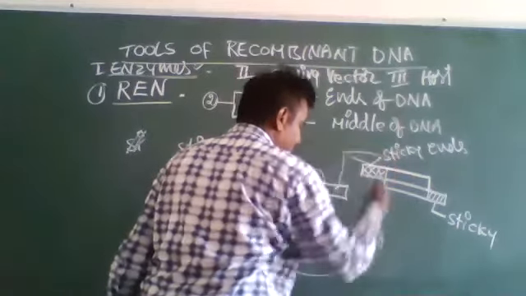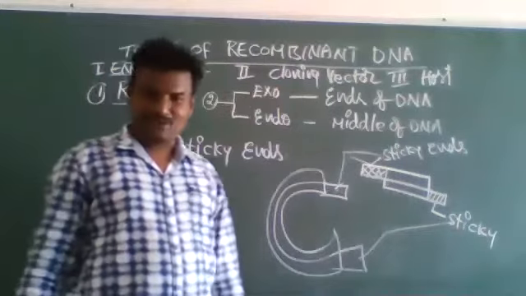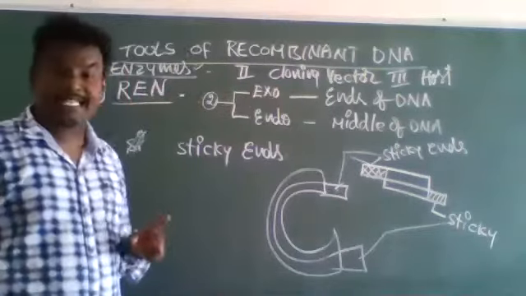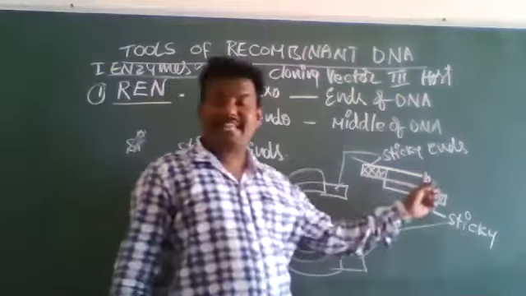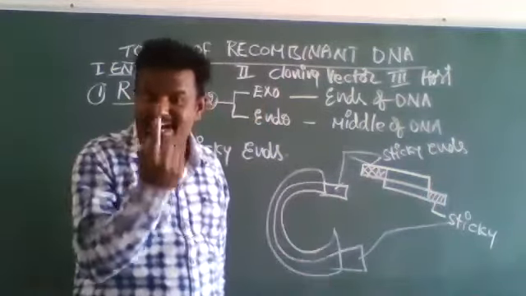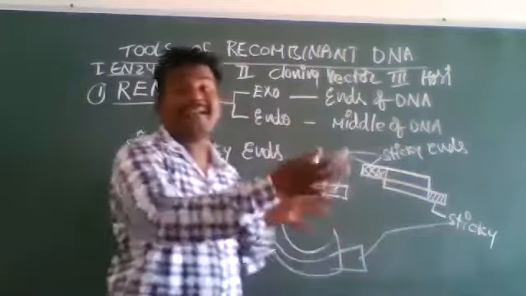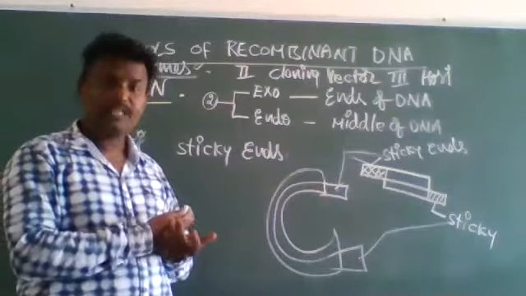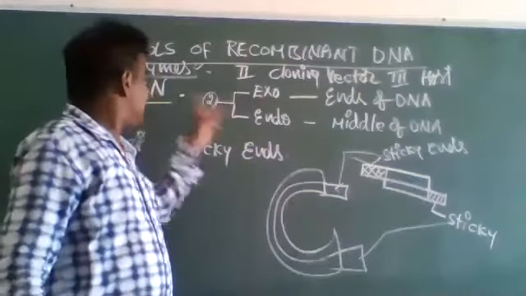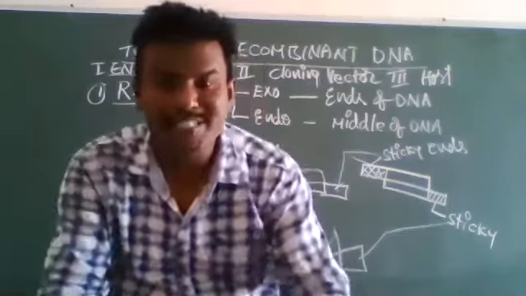So restriction endonuclease can cut the plasmid DNA as well as foreign DNA so that it leaves small strands. Those strands are called sticky ends, complementary to each other. Therefore, these enzymes are called molecular scissors or biological scissors.